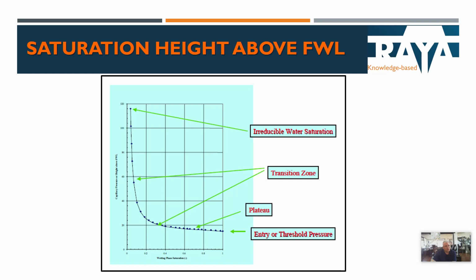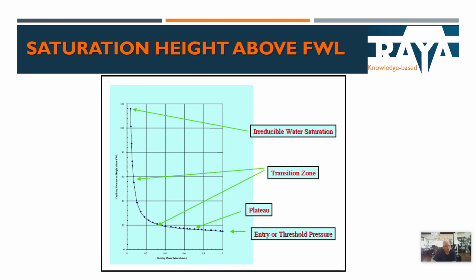This is the zone where we produce pure oil, because the water cannot be produced due to capillary pressure, and this zone is called the irreducible water zone.